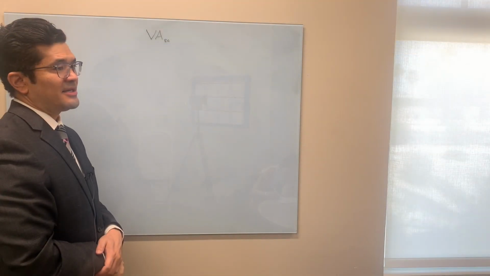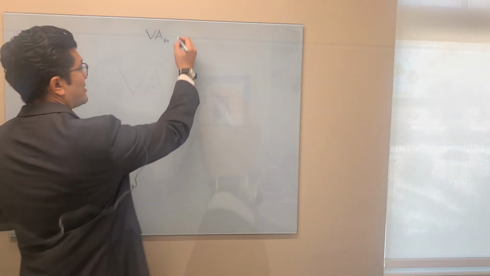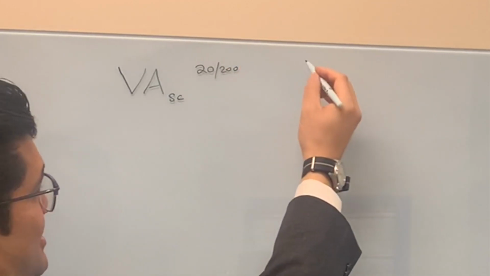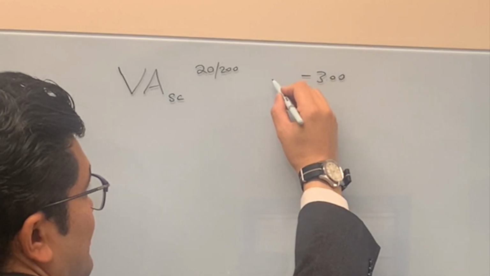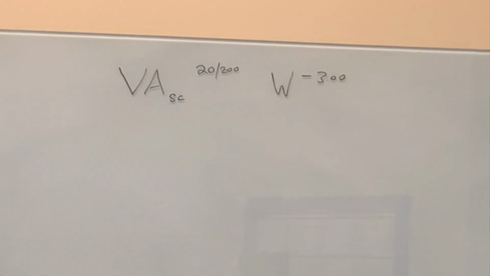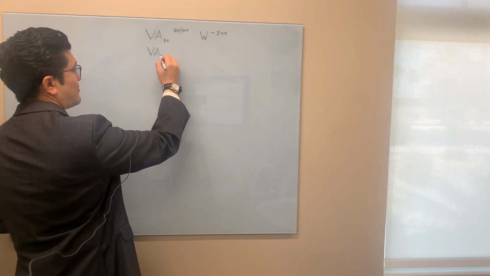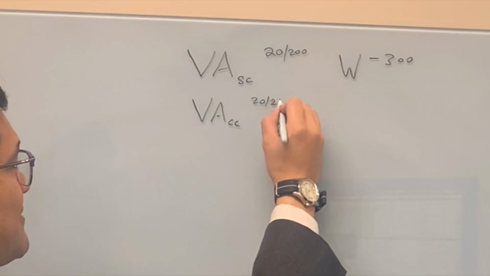Not that it's hugely important, but let's say your uncorrected vision is 20/200 because they're -3 refraction. But now we're going to check their corrected vision. We're actually going to refract, and with correction, they're 20/25.